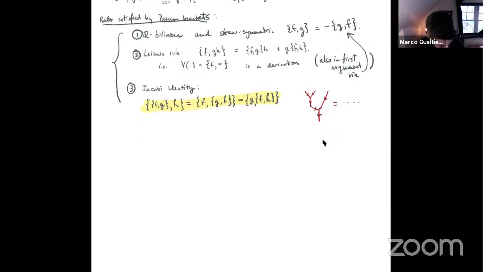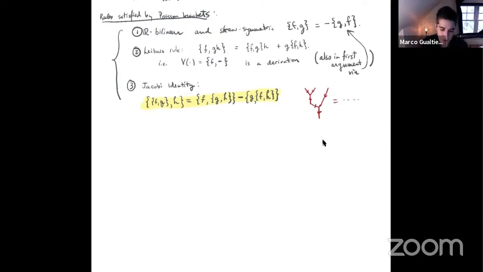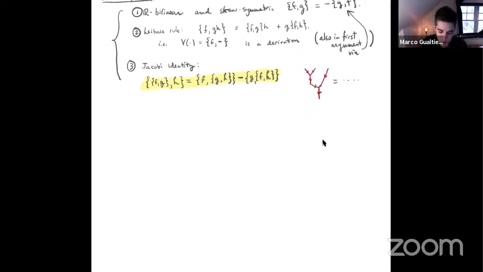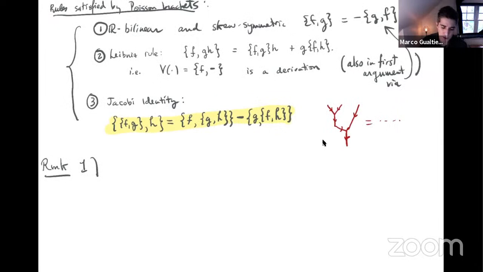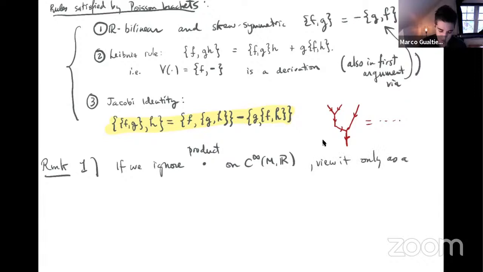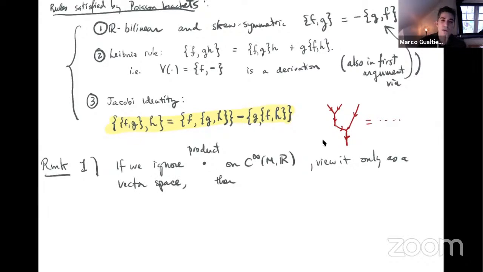Okay, so I want to make a few comments. It's not clear what order to make them in, but let me just make some remarks. The first thing I want to say is that if we just look at 1 and 3, if we ignore the product structure on these functions, the product, and think of it only as a vector space, then property 1 and property 3 still make sense.